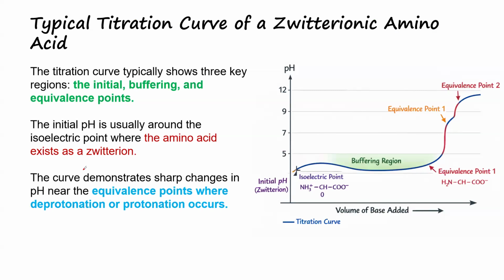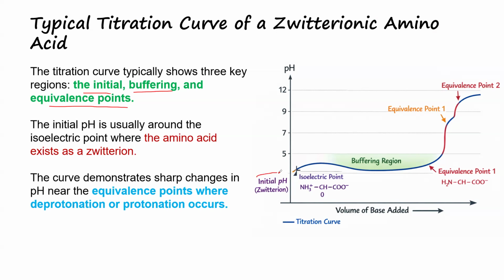So you need to understand, ladies and gentlemen, the titration curve typically shows three key regions. So there are three key regions in the titration curve, which include the initial, buffering, and the equivalence regions. So these are the three different regions that are usually found in the titration curve of a zwitterionic amino acid.